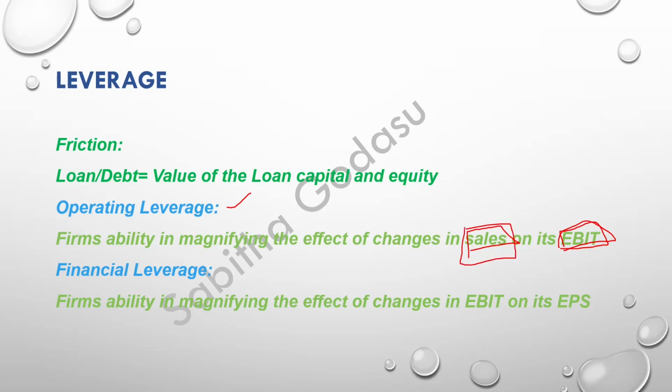If you either decrease or increase the sales, then how it is going to affect your EBIT is operating leverage. When it comes to financial leverage, if you want to increase or decrease the level of EBIT, then how it is going to affect your EPS is financial leverage. Clear? In this video, let us see operating leverage.